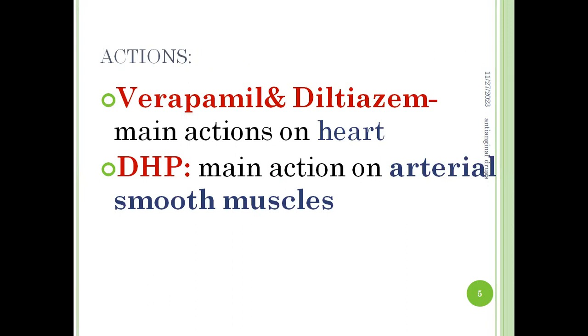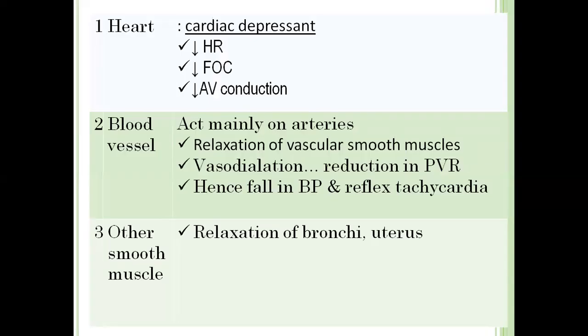Actions of calcium channel blockers. The agents verapamil and diltiazem mainly act on calcium channels present on the heart. Dihydropyridines mainly act on arterial smooth muscles or vascular smooth muscles.